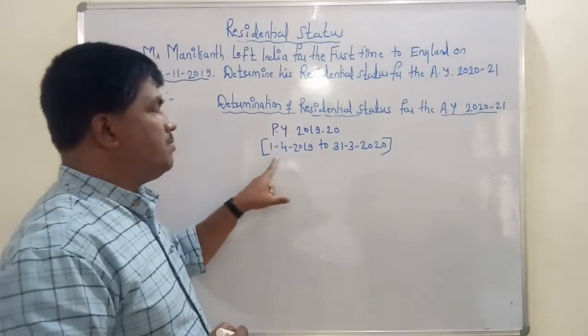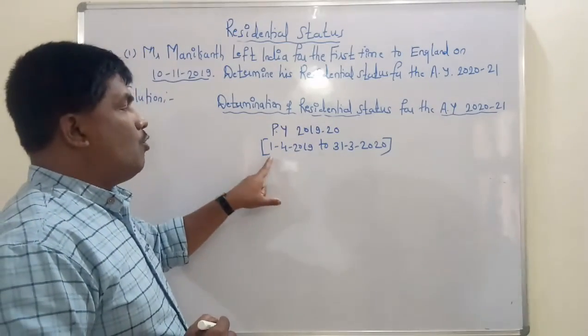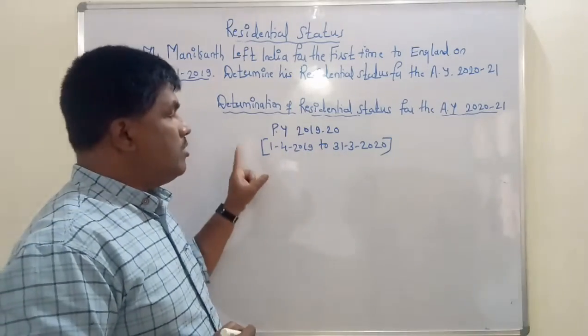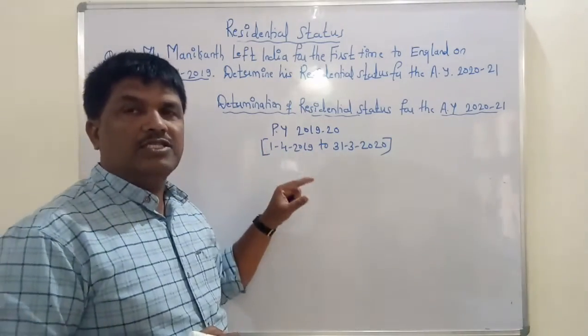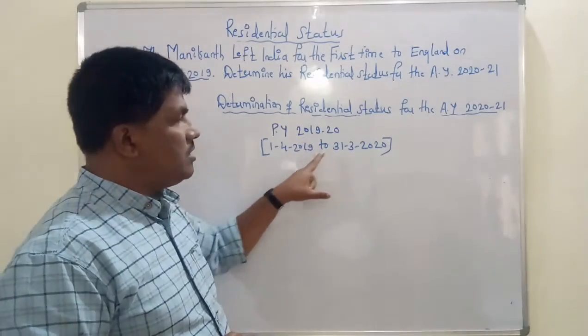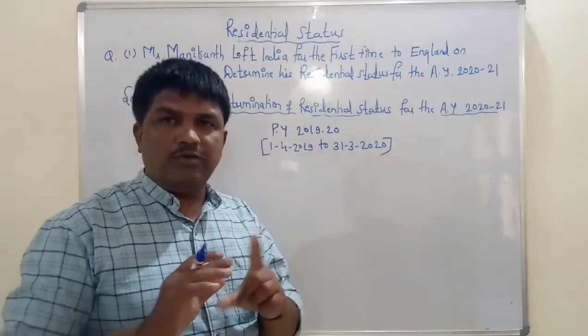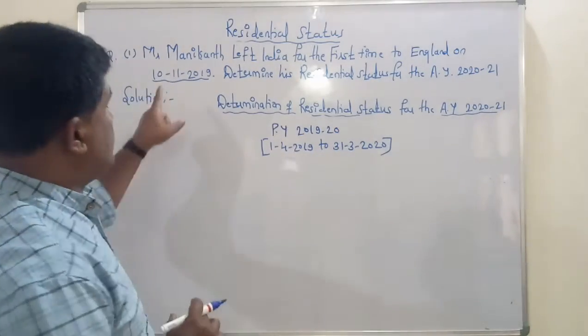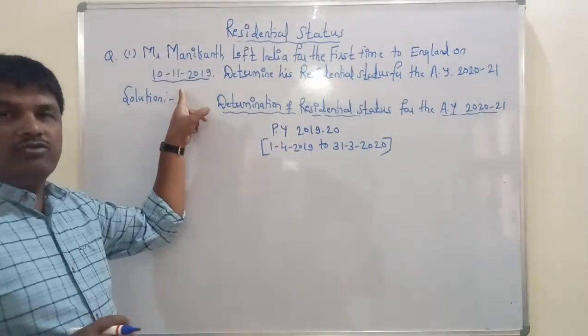It means you take the period of the previous year, that is 1/4/2019 to 31/3/2020, because we must count the number of days he stayed in India during the previous year between 1/4/2019 and 31/3/2020. That is the very important one. Okay, so first of all take down on which date he left India, 10/11/2019.